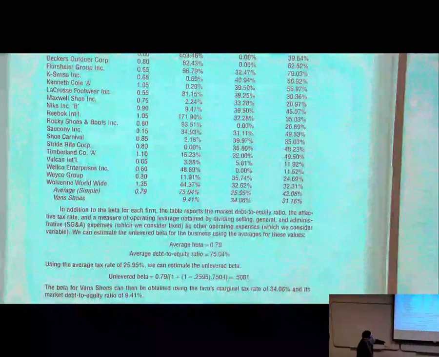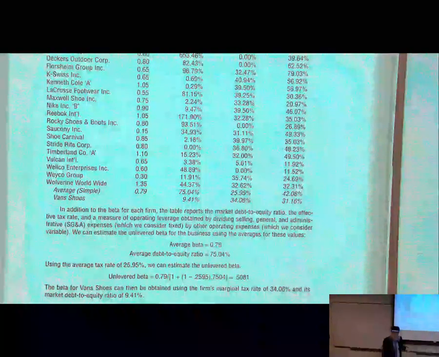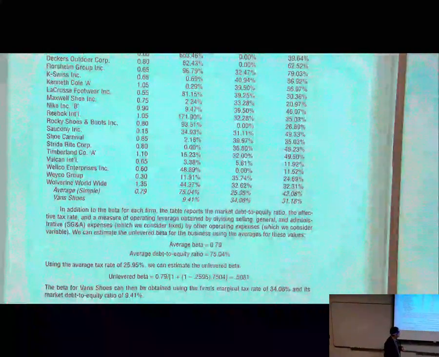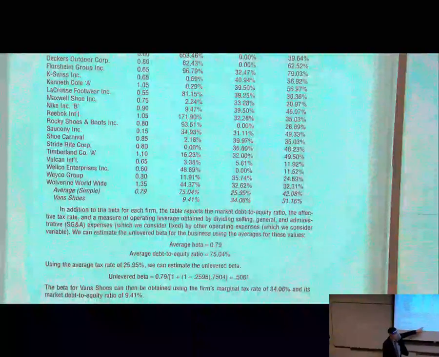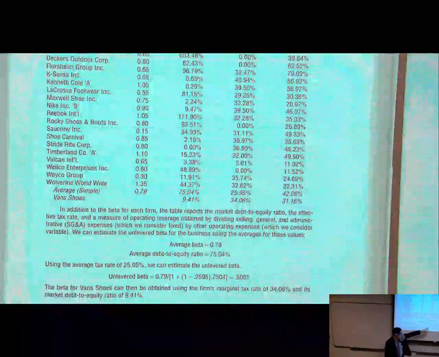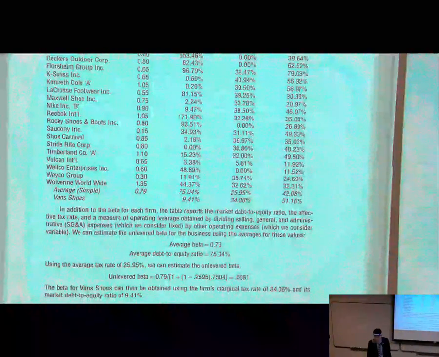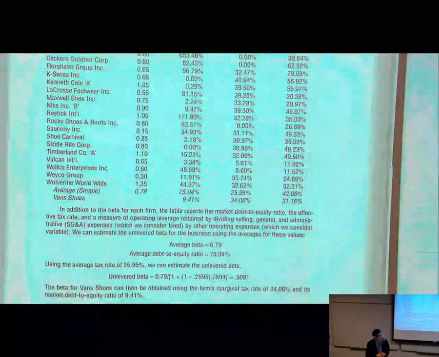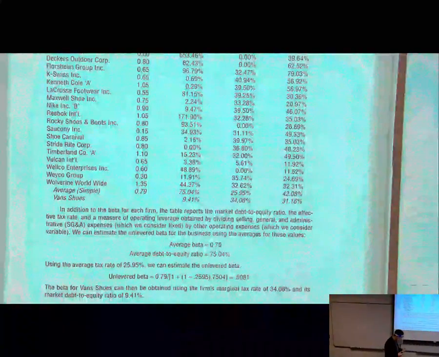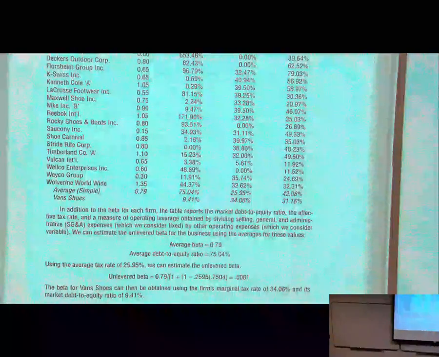So the unlevered beta of an average company equals the industry average beta divided by 1 plus (1 minus t) times the debt to equity ratio. It's all industry average. And from there you see, on average, the unlevered beta is 0.5.